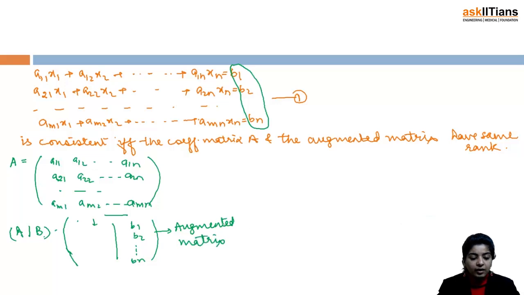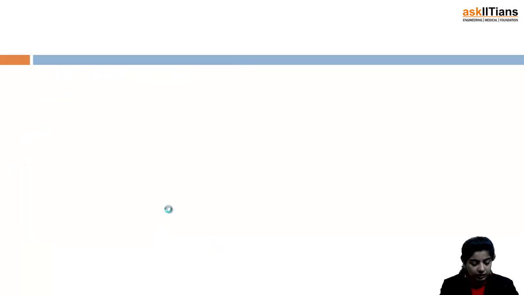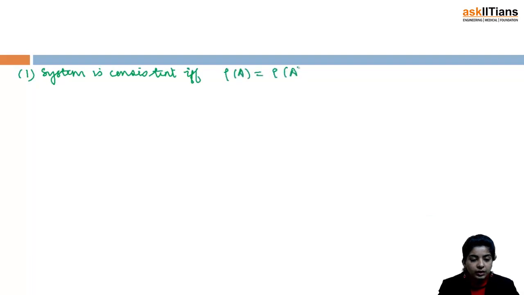So you can also find the solution of a system based on the concept of the augmented matrix. What do we mean by that? We have discussed that the system is consistent if and only if rank of A is equal to rank of A augmented B. You can either use the rho sign to denote rank, or say rank of A equals rank of A augmented B. Just remember this first of all.